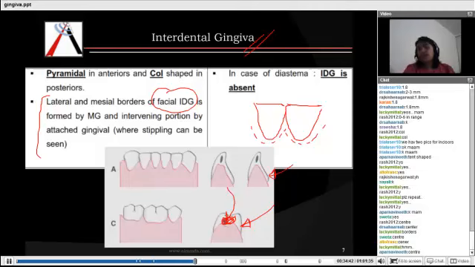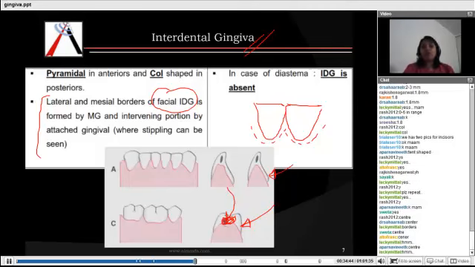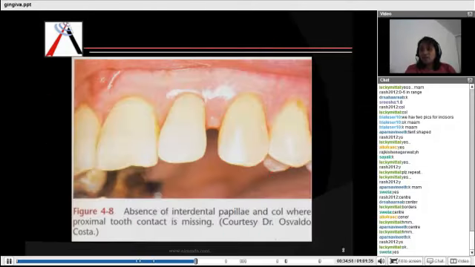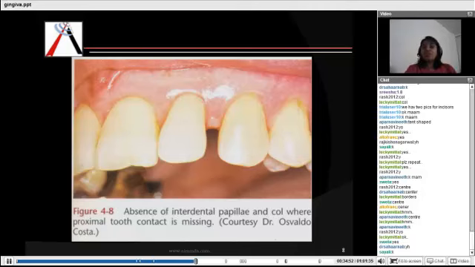But when the teeth are apart, there is no contact point and we do not have the papilla rising up there. So there is absence of interdental papilla and col where the proximal tooth contact is missing. Now this is an important MCQ. This is a normal scenario wherein you can have a missing IDP.